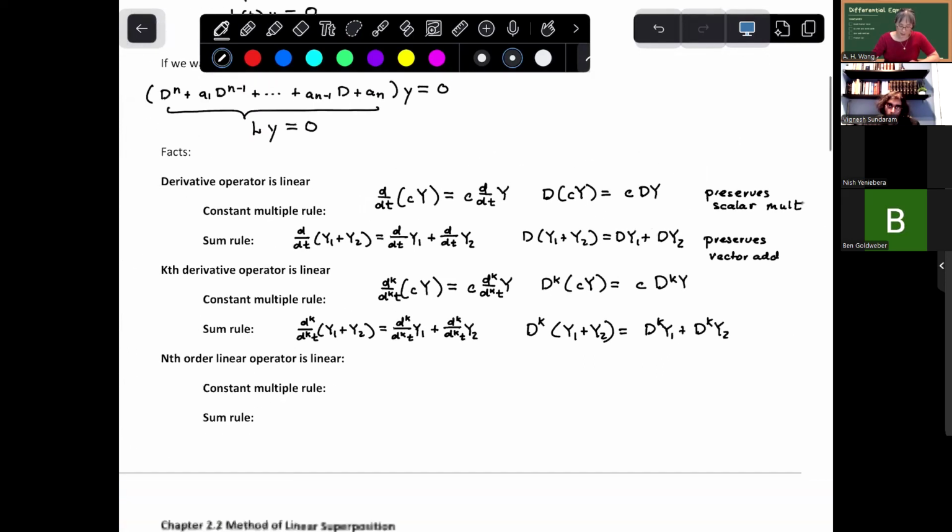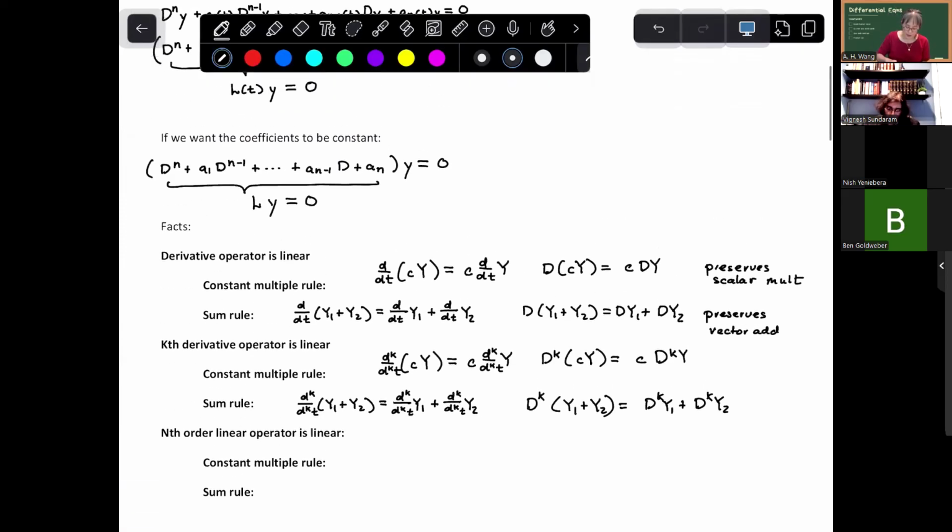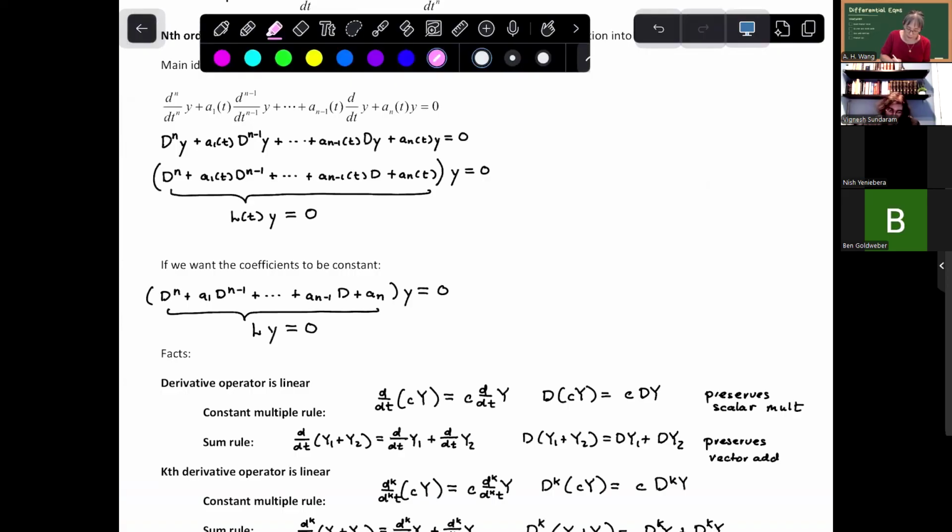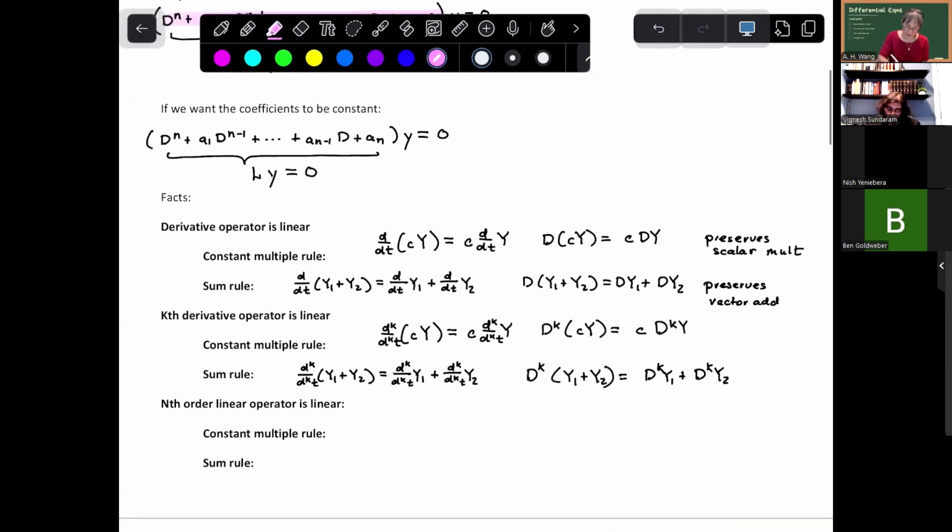Okay? Now, there's actually some work to do, but if you have L of t where you take all these derivatives of the y and then multiply appropriately by the coefficients right here, that whole thing is called a linear operator. And it turns out that your nth order linear operator is the same.